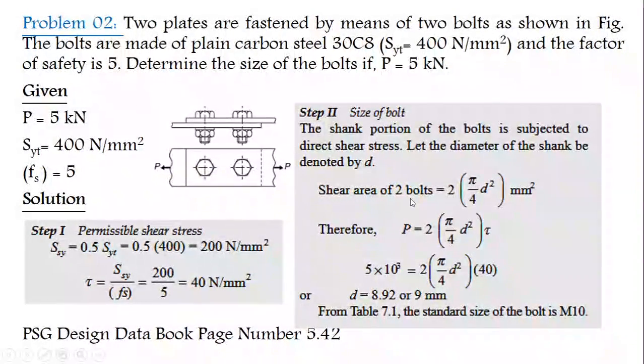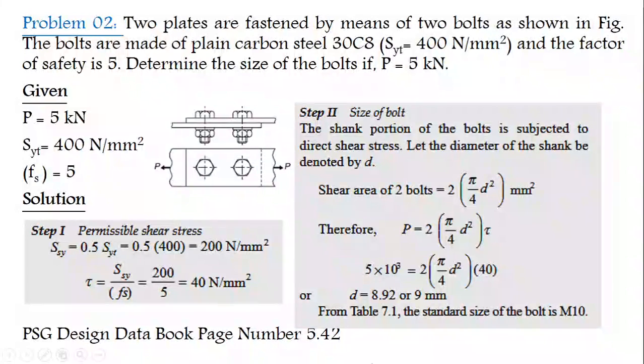Shear area of two bolts. Here two bolts are there, so shear area of two bolts equal to 2 into pi by 4 d squared millimeter square. Therefore, P, the load, equal to shear stress formula: stress equal to load by area. Here load equal to 2 into pi by 4 d square into shear stress.